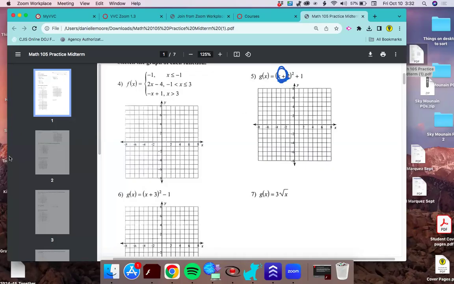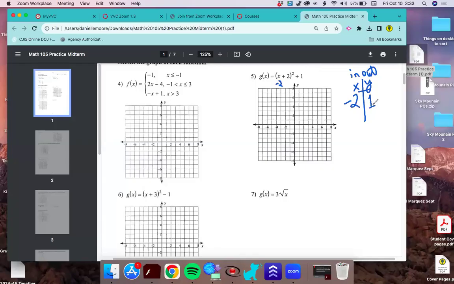So negative 2 plus 2, negative 2 zeroes that out. So for a good starting point, we call it the vertex point, I'd shoot in a negative 2 because that gives me a 0 to deal with. Then 0 squared is 0, and my output would be 0 plus 1.